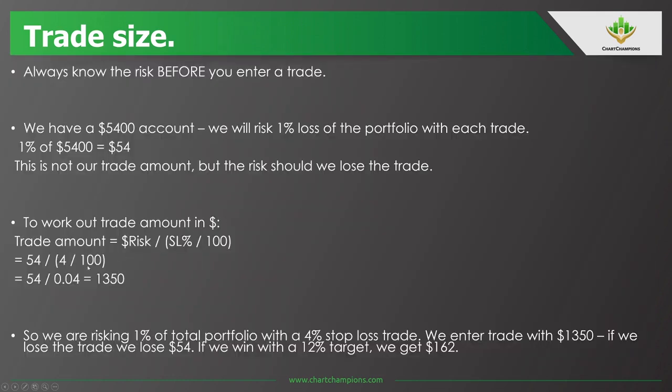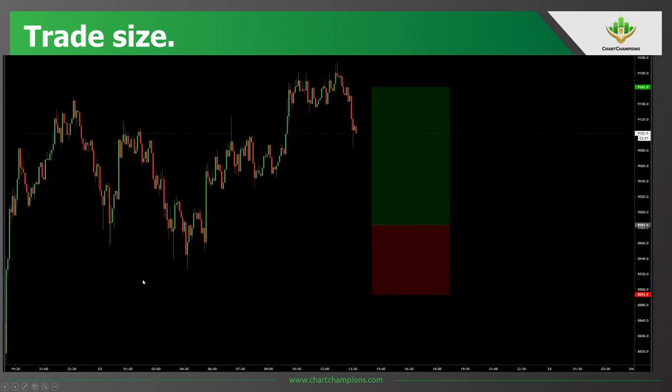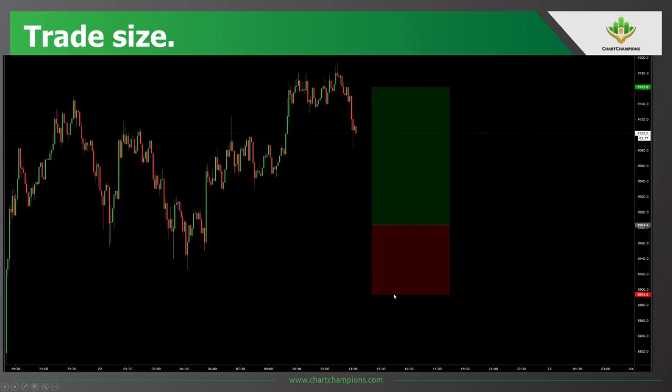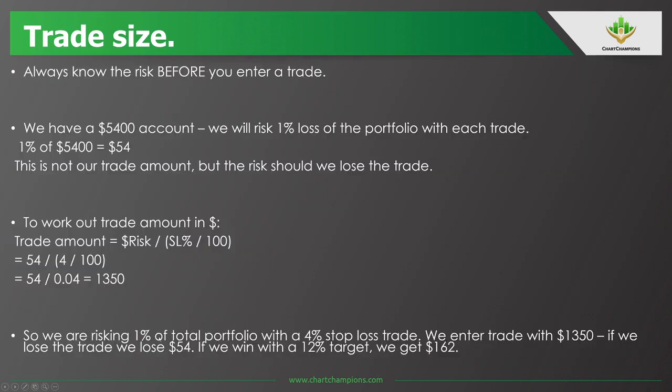We have gone through the formula, working out how much we're willing to risk per trade and our account balance. That's given us 1,350. So the entry will be 1,350. Then once we place our stop loss and our take profit, we know that we are only going to lose $54 if our stop loss is hit. So we are risking 1% of total portfolio with a 4% stop loss in this specific trade.